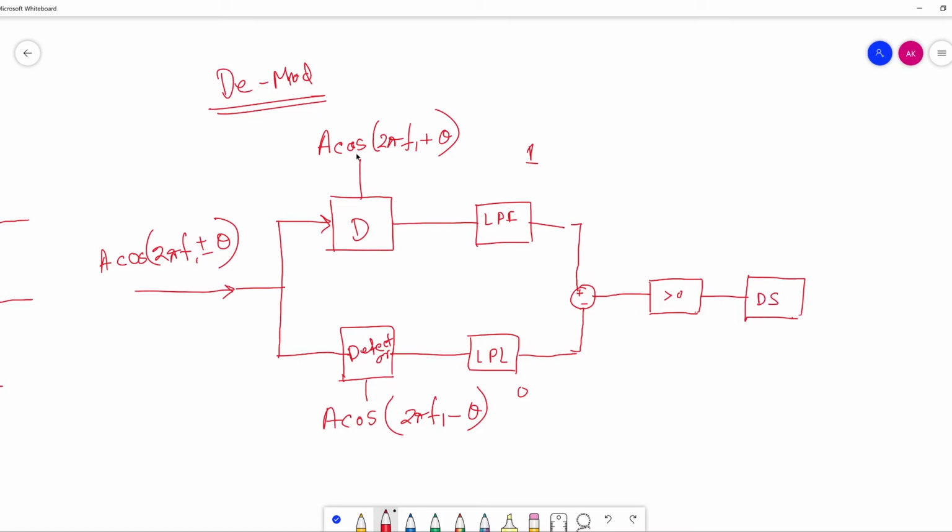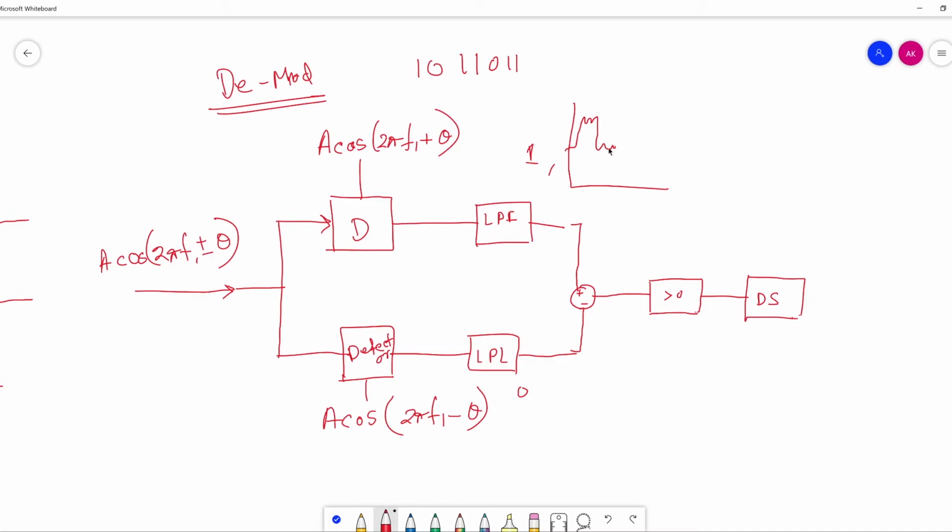Okay, so here actually the signal will be very noisy, and so after LPF, low pass filter, the one will be like something like this. Our data stream was 10111011.